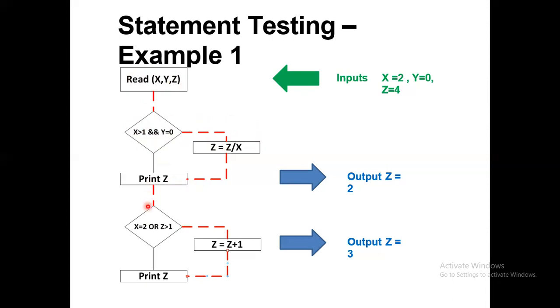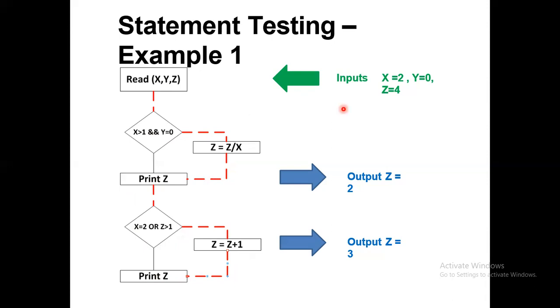If I find suitable values for print X, Y, Z, that goes under this red color path. So I can do the statement testing in one execution, right?